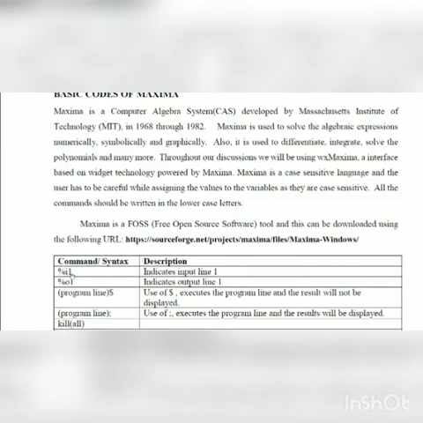And after execution, this will come: %O1. What is the meaning of this? It indicates it has executed input line 1 and the output is shown in output line 1. Similarly, line 2 will be shown in %O2.